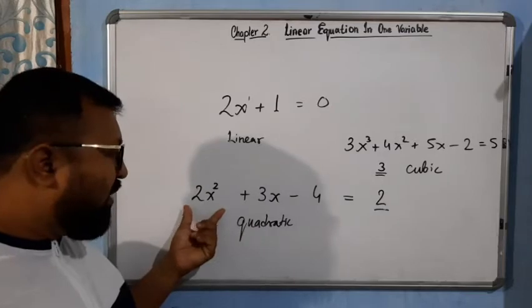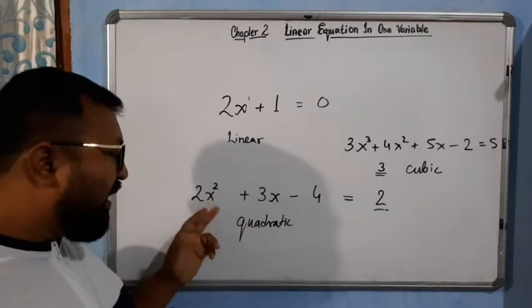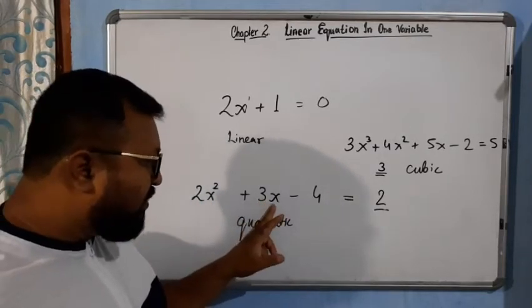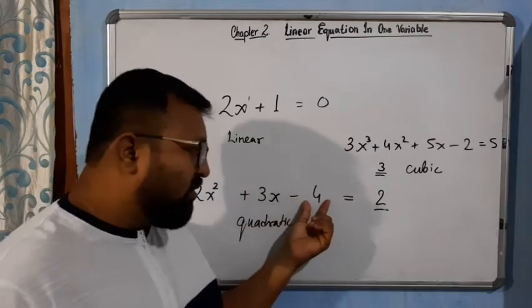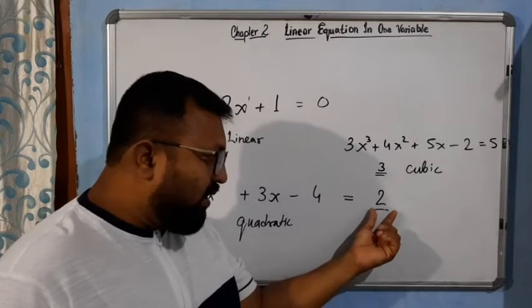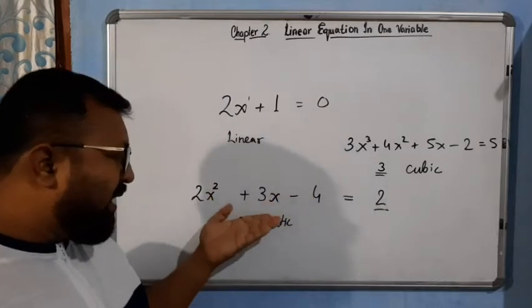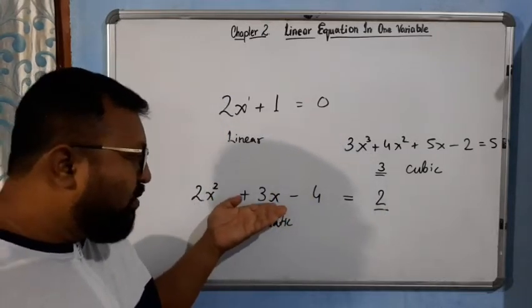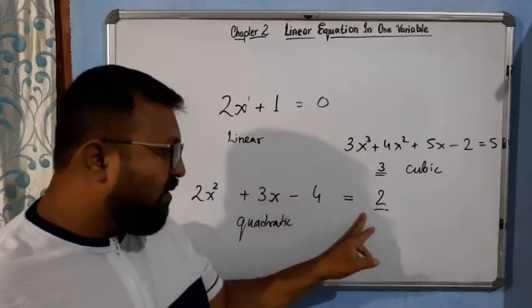A term may contain the product of two variables, or the product of a variable and a constant, or it may be just a constant. So 2 is also a constant term. So we can compare two expressions in this way.